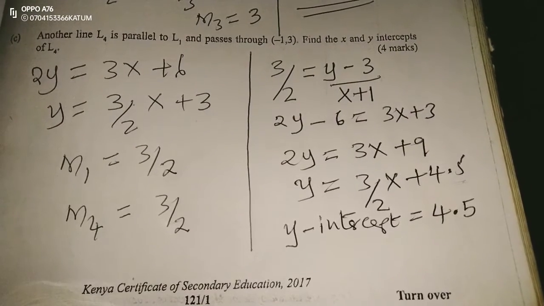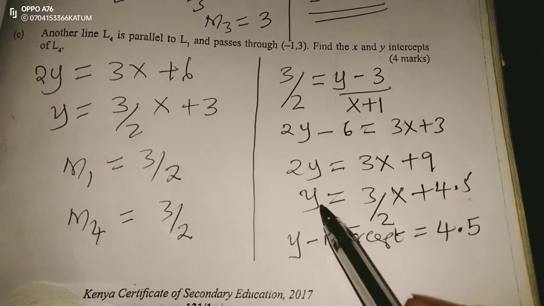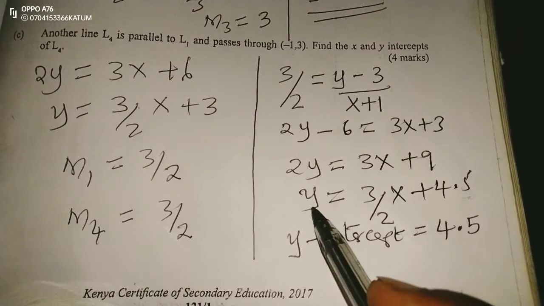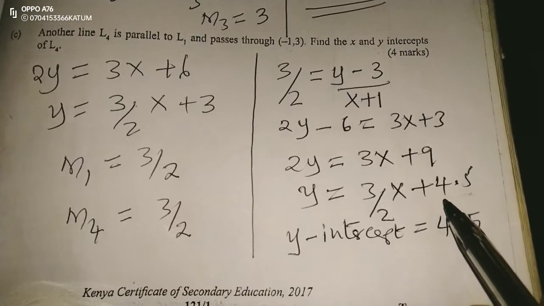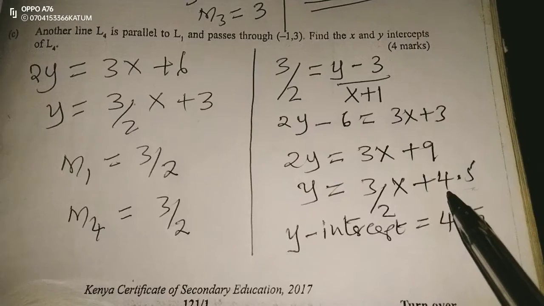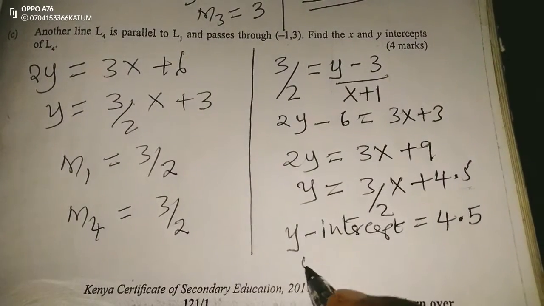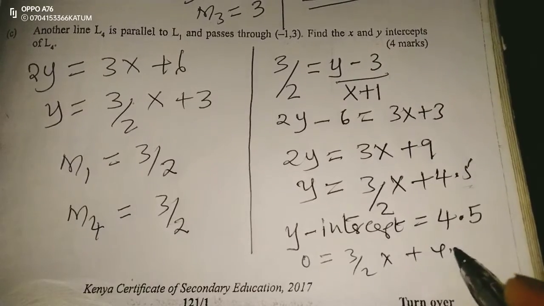And again, at the x-intercept, y equals 0. So where we have y, we're going to have 0, so that we may know the value of x at the x-intercept. The value of y at the x-intercept should be 0. Therefore, 0 equals 3 over 2 x plus 4.5.